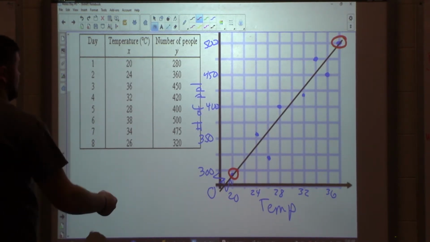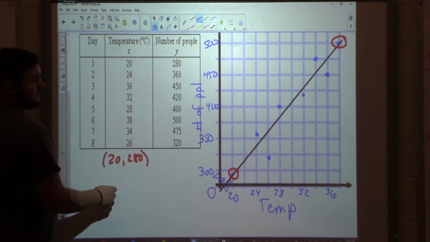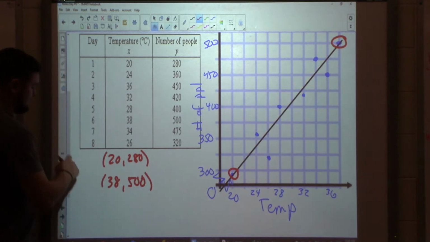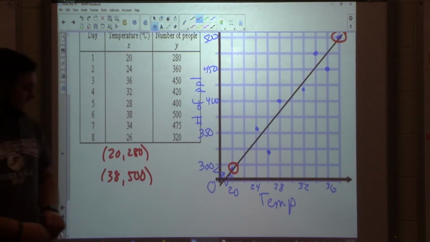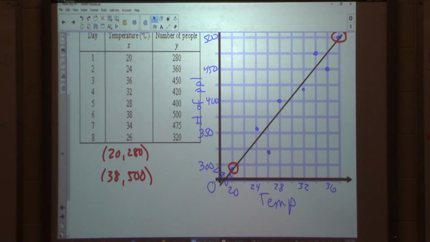Well, my 2 points are 2280 and 38,500. Okay, those are my 2 points. How could I use those 2 points to make an equation? Well, what do I need to make an equation normally? Carl?